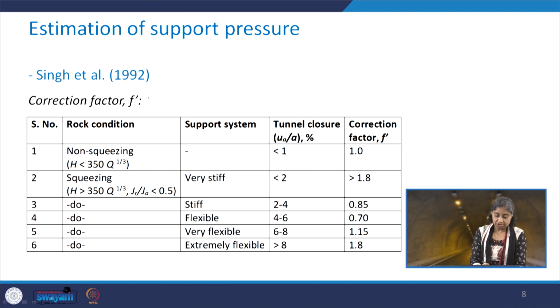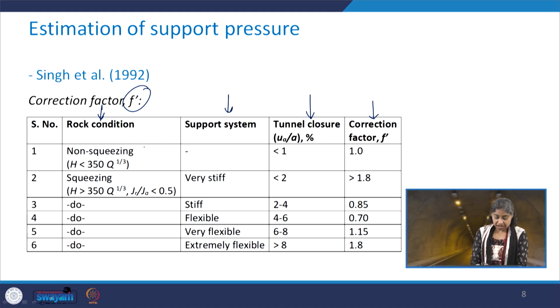So, focus on the correction factor F prime. Based upon the rock condition, support system and the tunnel closure, one needs to assign the appropriate value of the correction factor.